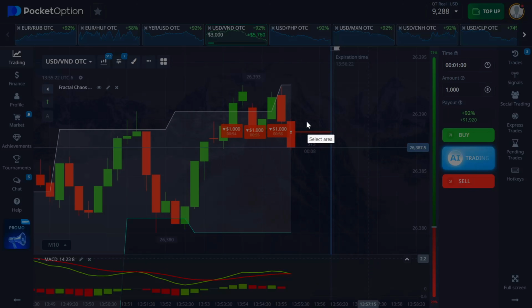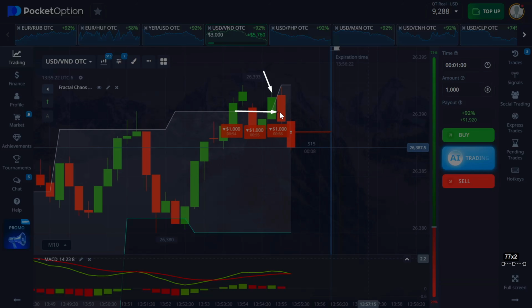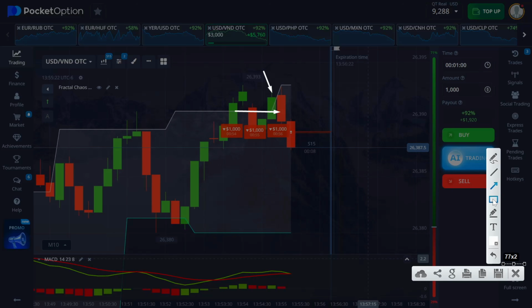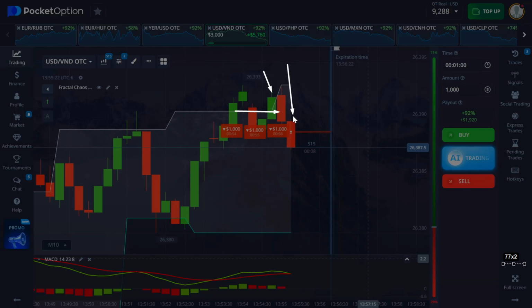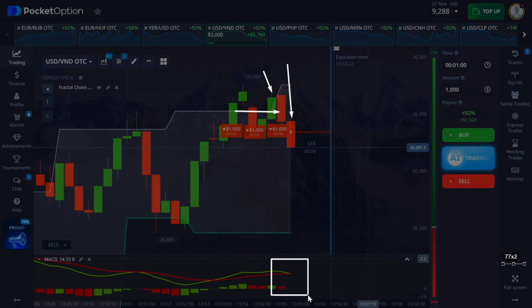Okay, as you guys see right here, there was a situation with this green candle. You notice it breaks outside of the fractal chaos band, which is right here. Now the price came back inside the fractal chaos band right here in this candle, right? As you see, MACD also is about to cross.